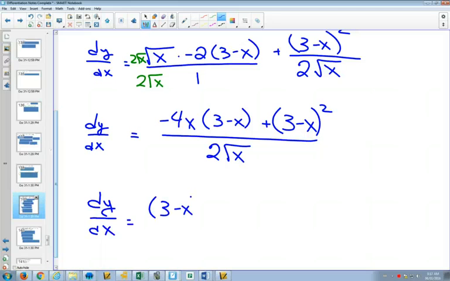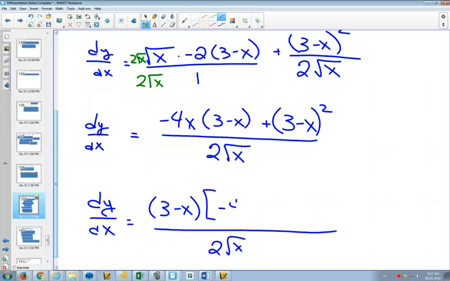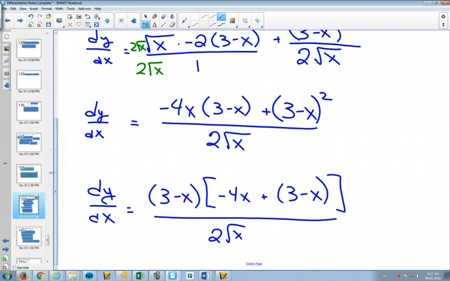What happens if I take a 3 minus x out of both of them? What am I going to be left with in my first term? Just a minus 4x. What am I going to be left with in the second one? I still have another 3 minus x. Then it's just a matter of combining things.